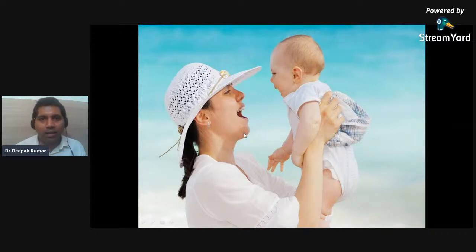Say ma, say amma. And look at the way it is taught to the baby, right? "Say" is in a lower tone, and then it is "say amma, say appa," whatever is taught. The mother usually spends more time with the baby, for obvious reasons. And now she's teaching the baby to say ma, mother, amma, and the baby starts saying that.